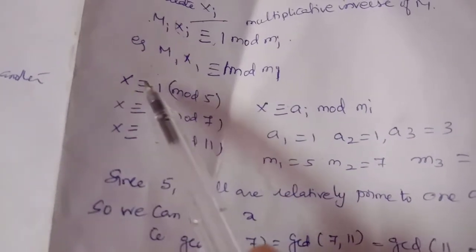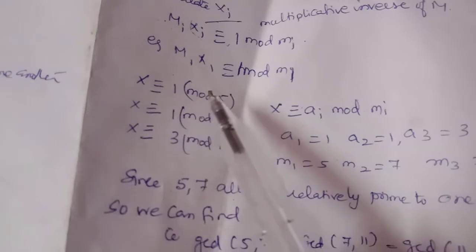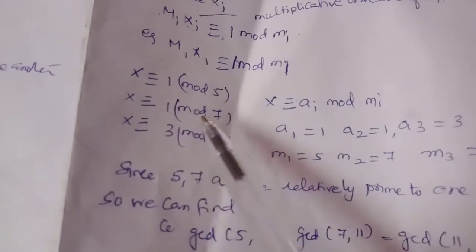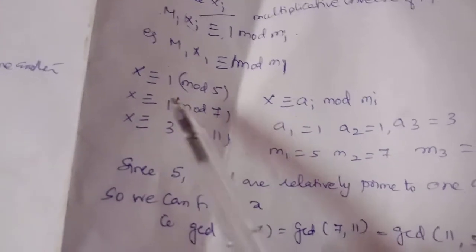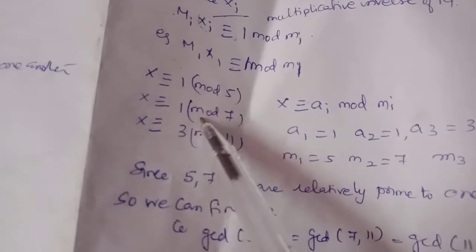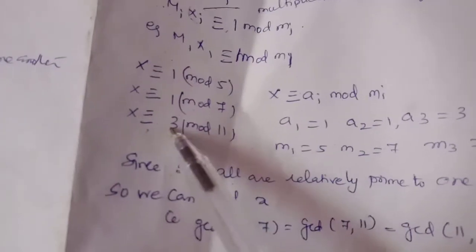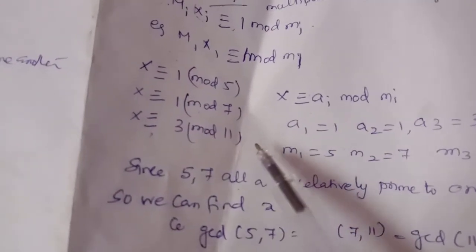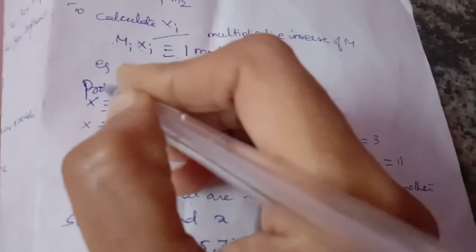For example, x congruent to 1 mod 5, x congruent to 1 mod 7, x congruent to 3 mod 11. This is the given problem.